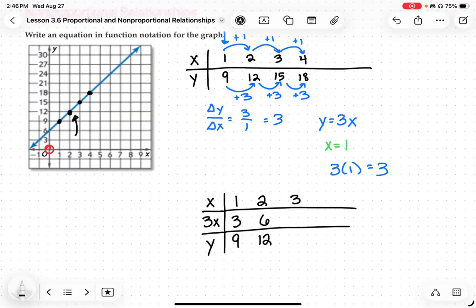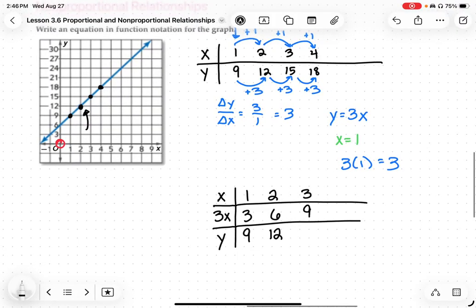Well, 3 times 3, so 3x would be 9, but the actual coordinate on the graph for 3 was 15. And then the last one I have is 4. 3 times 4 is 12, so my fake equation, 3x, says it should be 12, but the actual coordinate is 18.